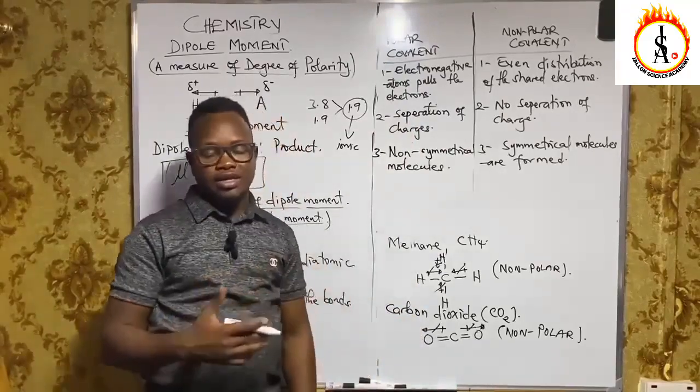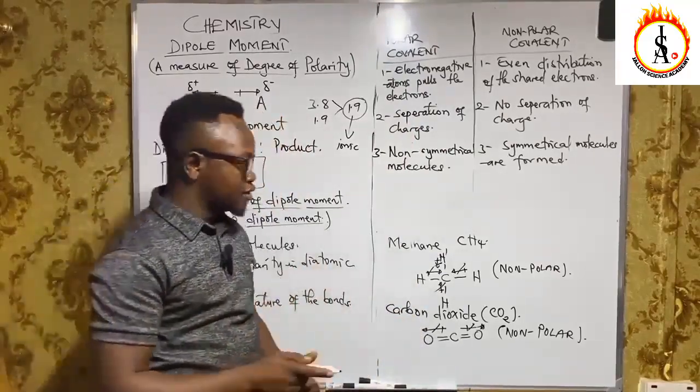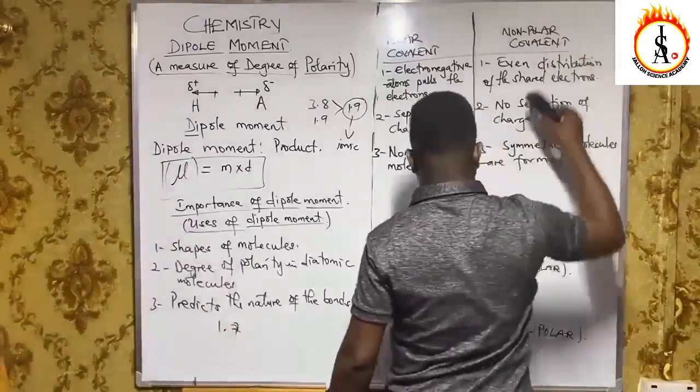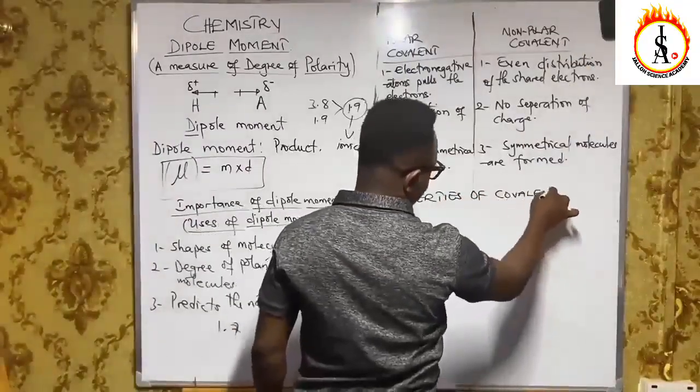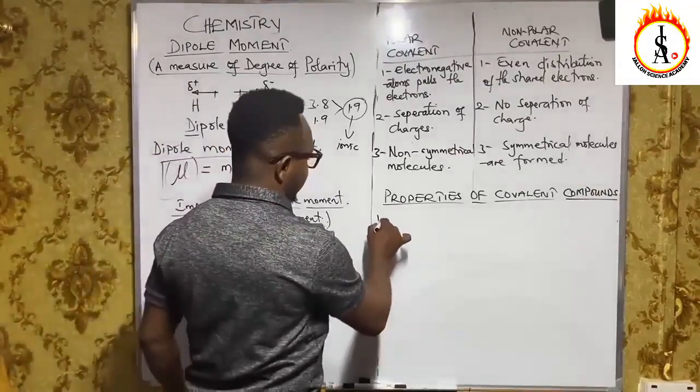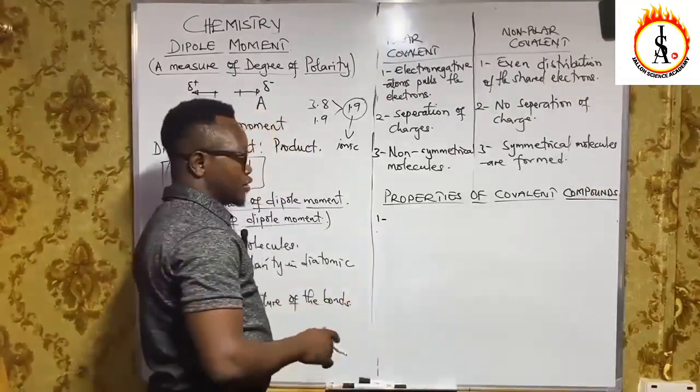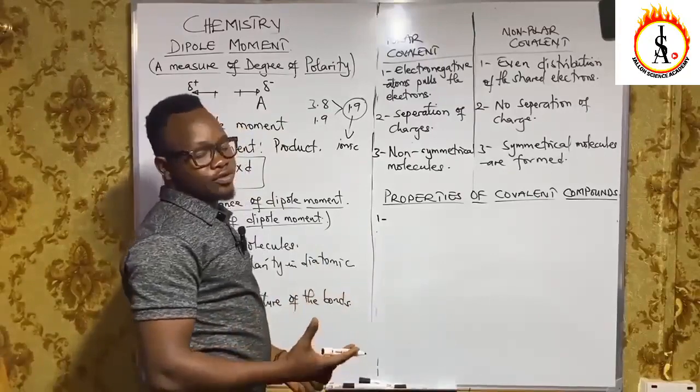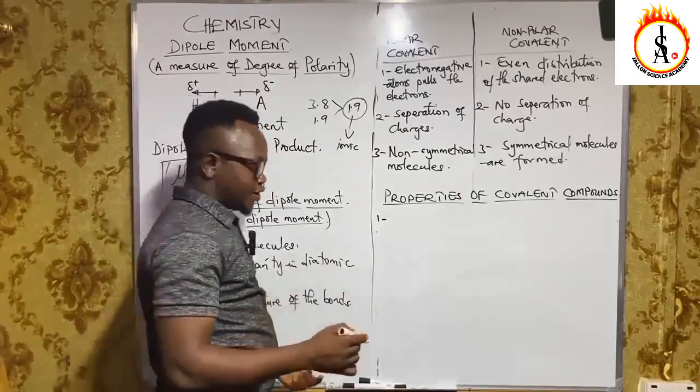So next up, we look at the properties of covalent compounds. One, these compounds exist purely as molecules and not as ions.